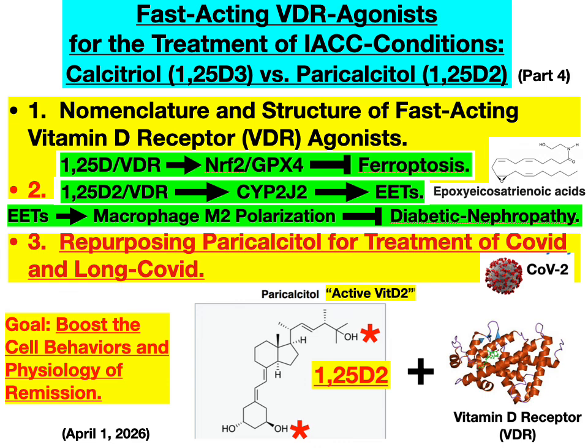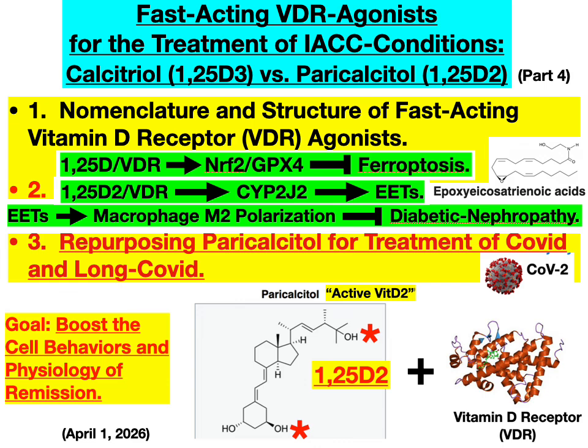Macrophages in their M2 phenotypes promote anti-inflammatory activity and the healing of injured tissues. In doing so, they help suppress the inflammatory damage being produced by diabetic nephropathy.